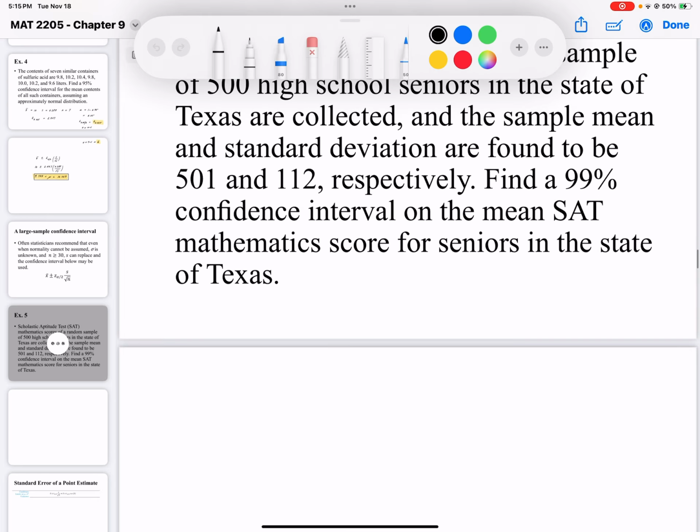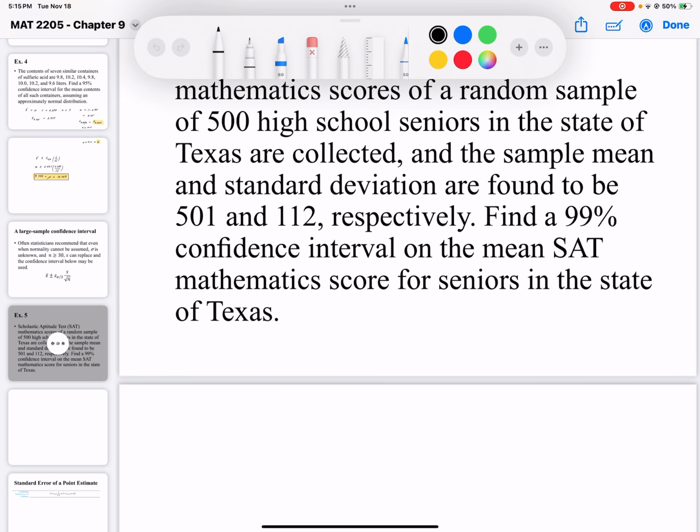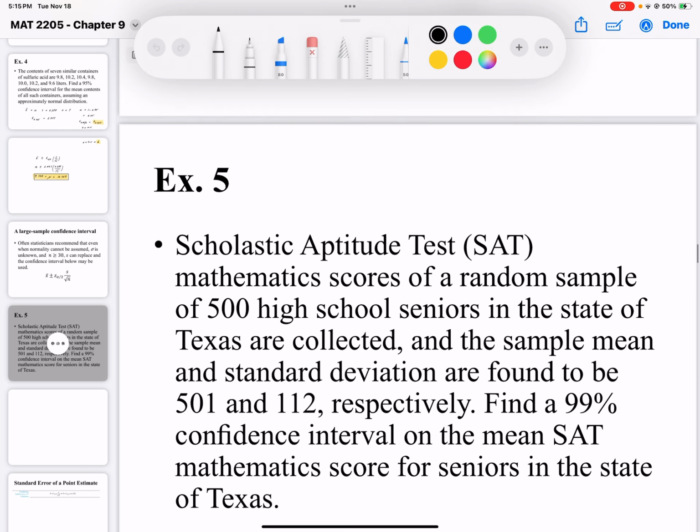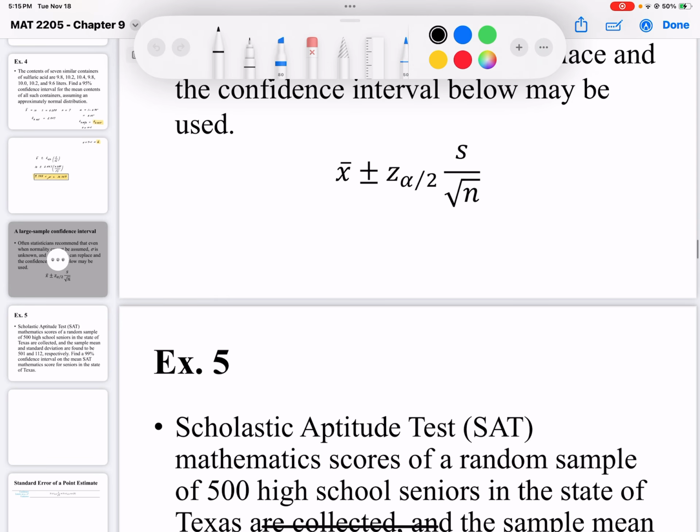Oh, goodness, it erased everything. Okay, that's all right. I'm just going to plug directly into it. We already have those values. Hopefully you've written it down on your paper. So our sample mean for this was 501, plus and minus the 2.575 value that I looked up from our previous example.